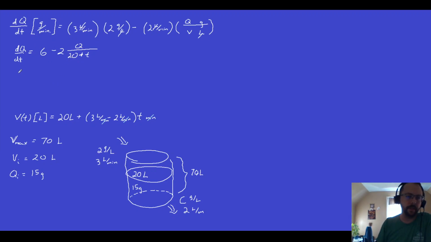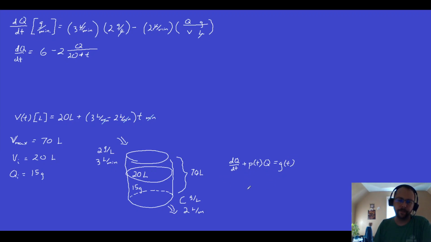Let me just rewrite it again here and move this to the other side, because what we're going to do is use the integrating factor technique. So the goal, I'll write it down here, is to get our equation to look like dq/dt plus p of t times q equals g of t.